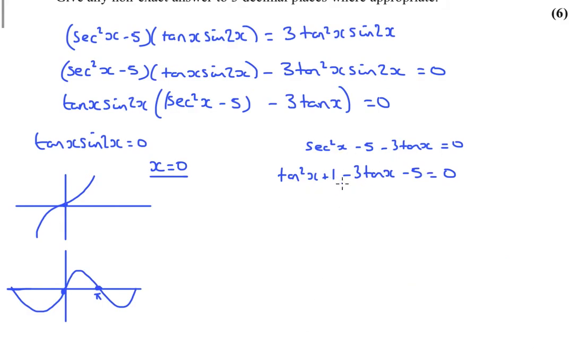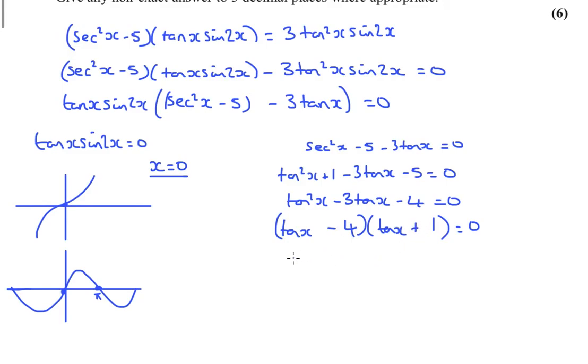So this is a stealth quadratic. It factorises. You could let tan x equal y if you wanted, but you don't really need to. It's going to be a 4 and a 1. It's going to be a negative 4 and a positive 1. So tan x is equal to 4, or tan x is equal to minus 1.